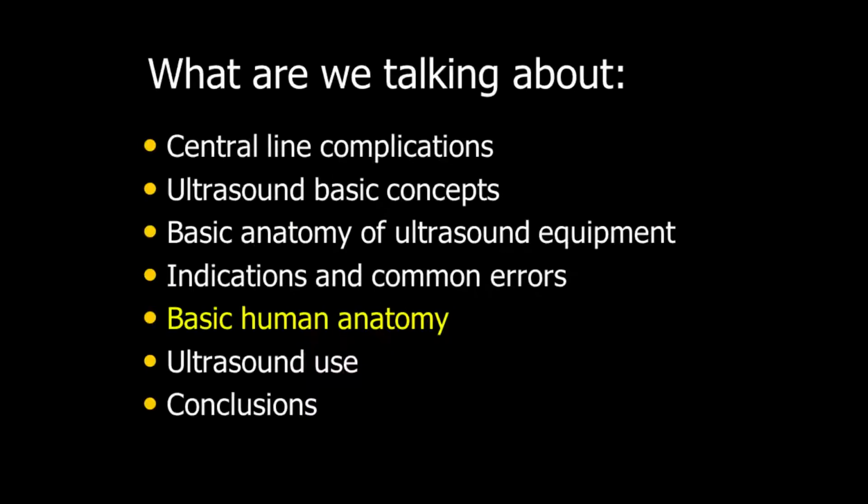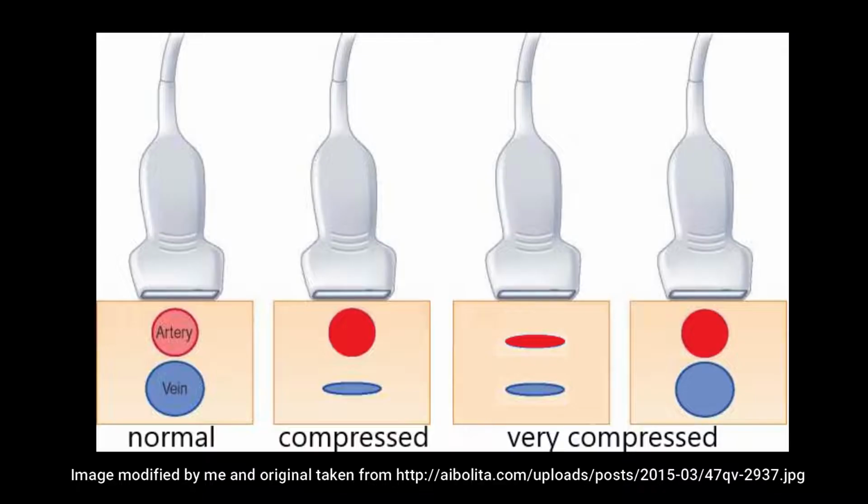Some basic concepts of human anatomy, and one of them is to identify properly. The artery and the vein can be compressed at different levels of pressure. If you can compress the vein, that's important. If you cannot compress the artery or the vein, they're most likely thrombosed, or it could be a non-vascular structure if it's something deeper in the arm, if you're looking for peripheral access.